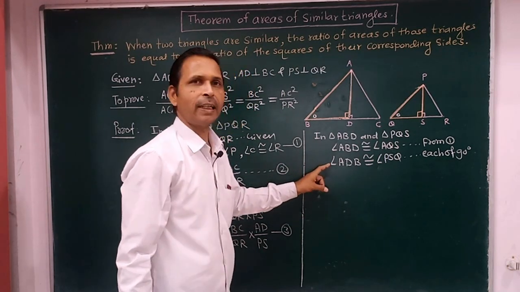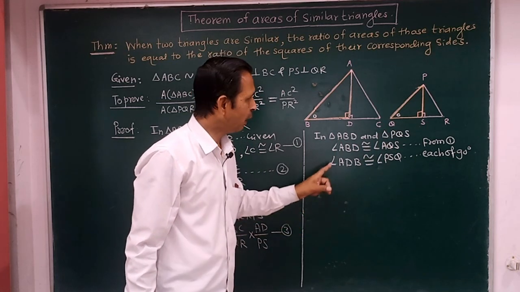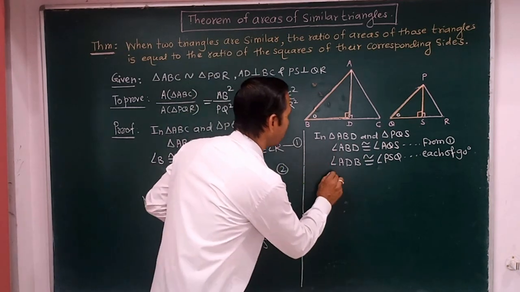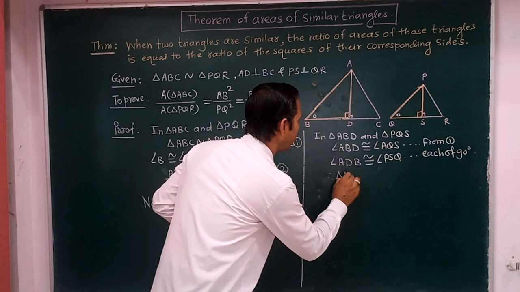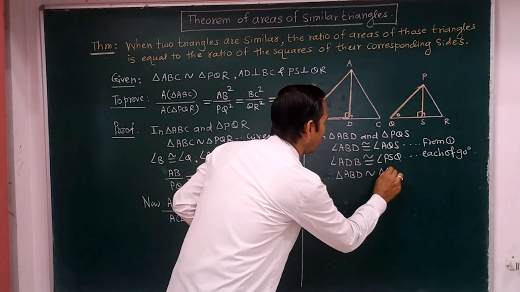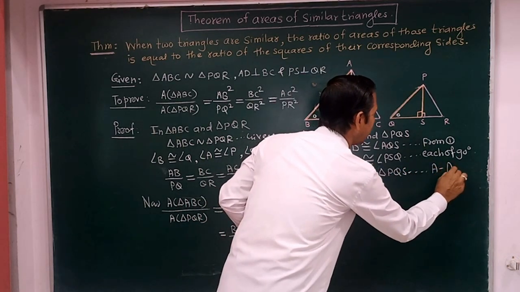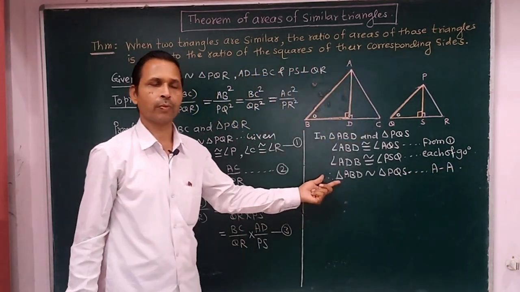From these two statements, these two triangles are similar by the AA similarity test, and hence triangle ABD is similar with triangle PQS by AA similarity test.